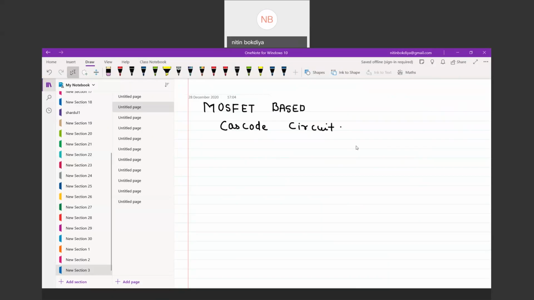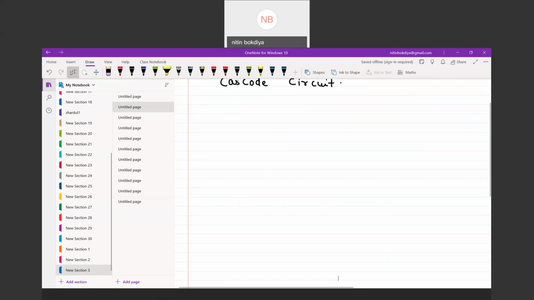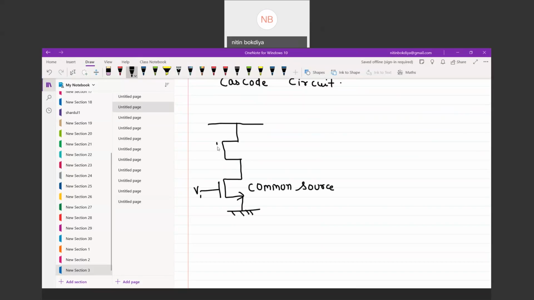The approach is very similar to this. We have one arrangement which is common source and one arrangement which is common gate, and we are taking output from here.